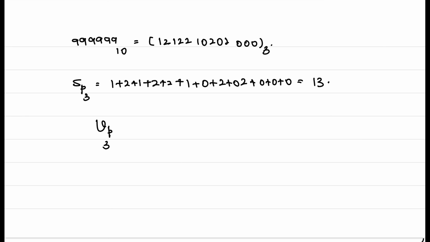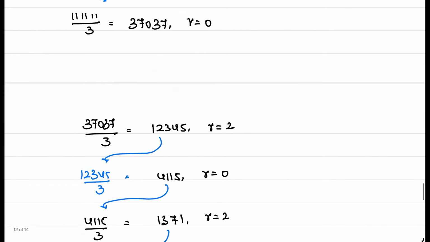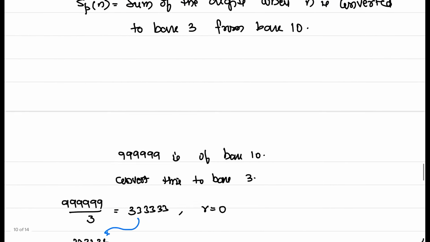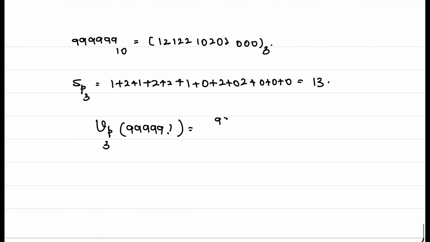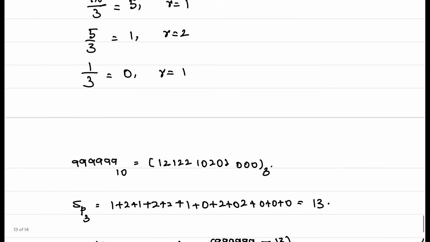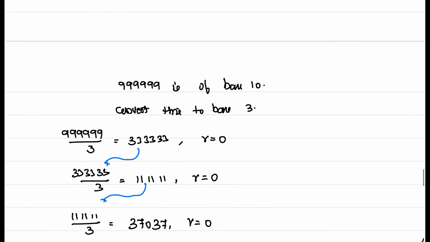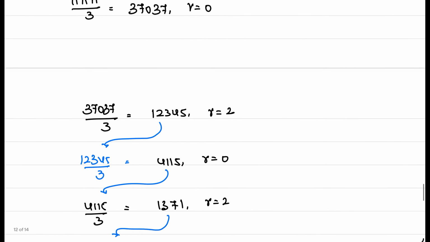Vp for base 3 for 999999 factorial is equal to n minus s_p(n), where n is 999999 minus s_3 is equal to 13, whole divided by p minus 1.